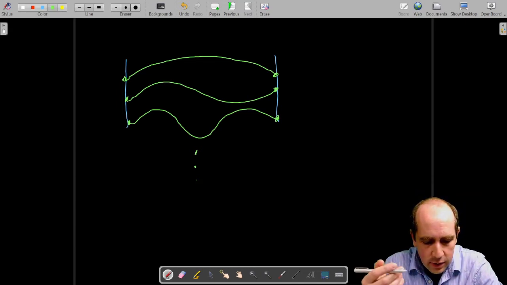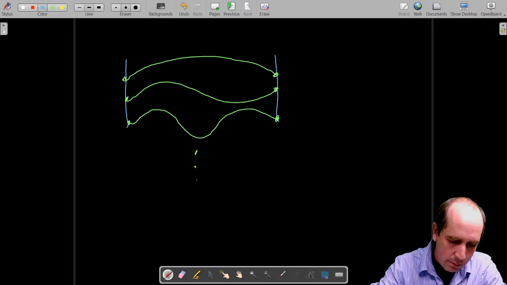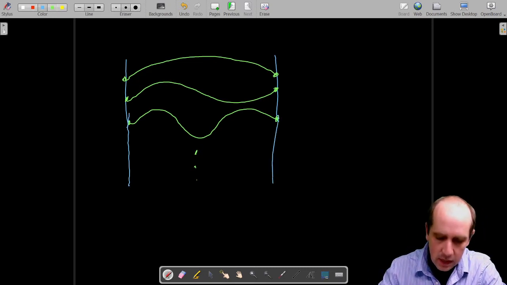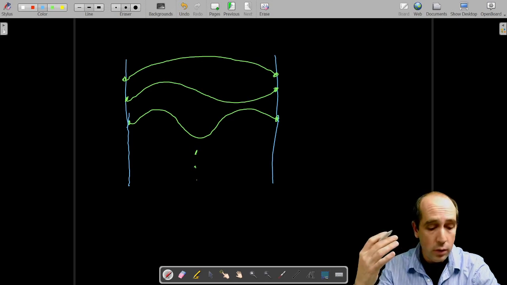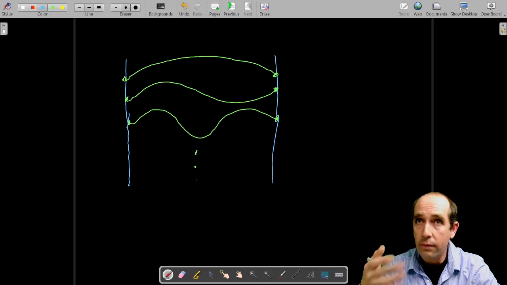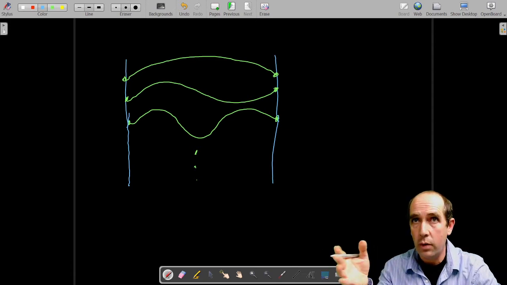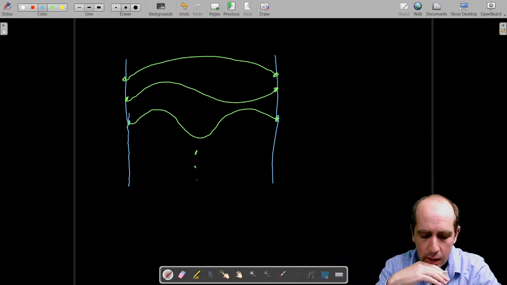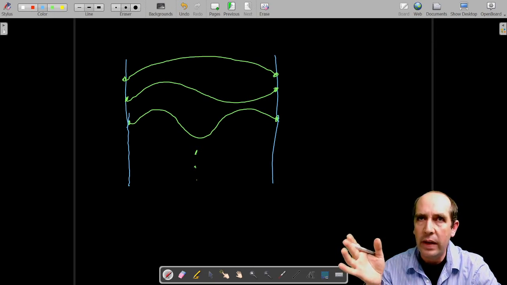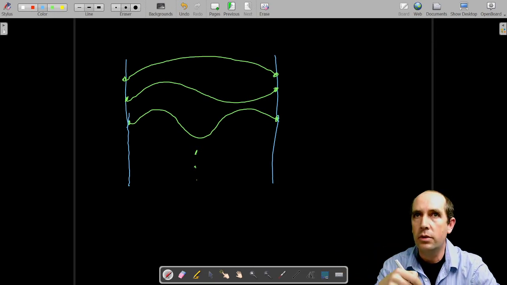And now the question is, how much energy can I put in each one of these modes? And again, if you solve the wave equation, which you can derive from Maxwell's equations, what you will find is you can pretty much put any amount of energy into these modes.